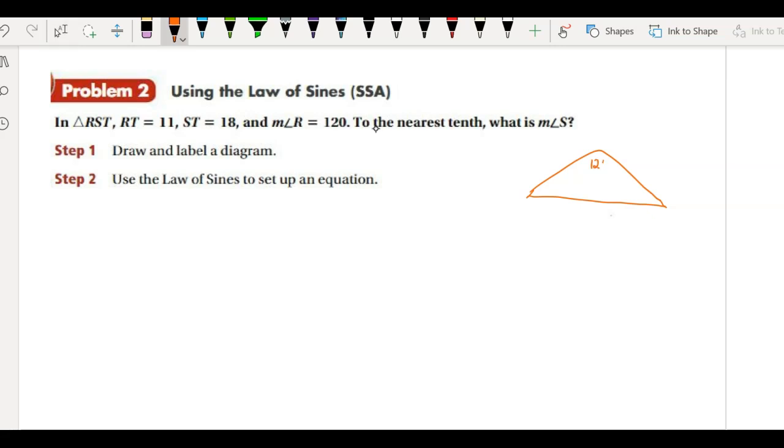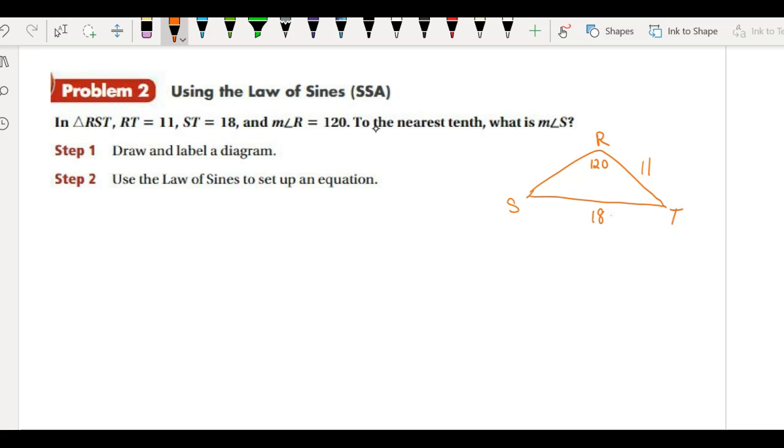So this is 120, and this is R. I'll label these S and T. So RT is 11, ST is 18. Oops, put that in the wrong spot. ST is 18.